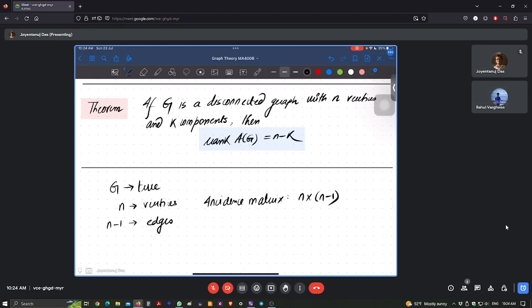So I know that the rank of the incidence matrix is n minus one. So if I delete one of the rows and consider the reduced incidence matrix, then it will be an n minus one cross n minus one matrix, right?